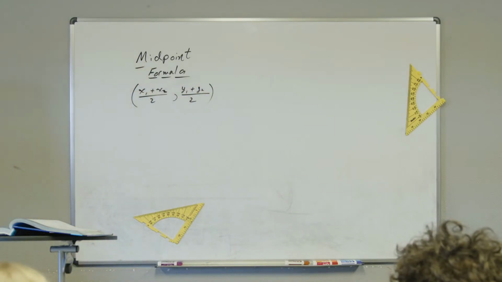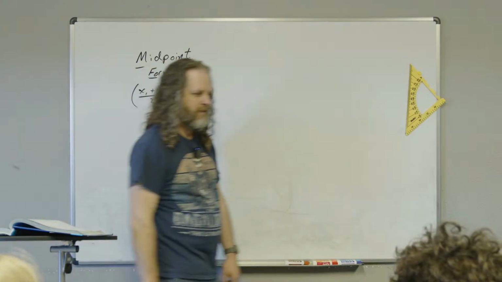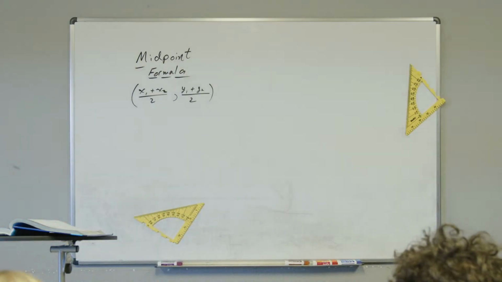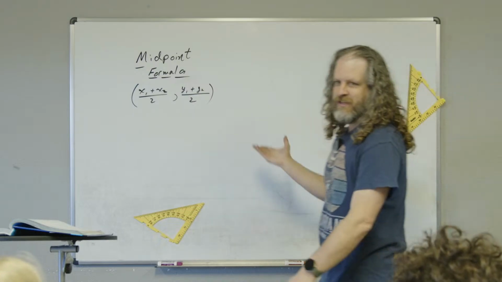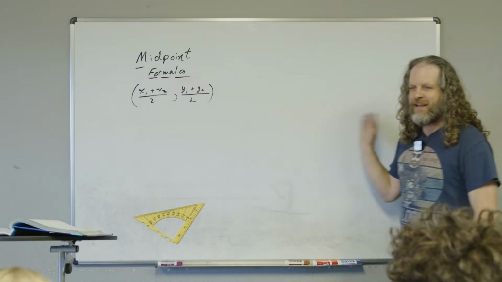It is a point, hence the name midpoint. It's not x to the 2, it's x2: x1 plus x2 divided by 2, because that's how you find the average of two numbers. Add them up and divide by 2.